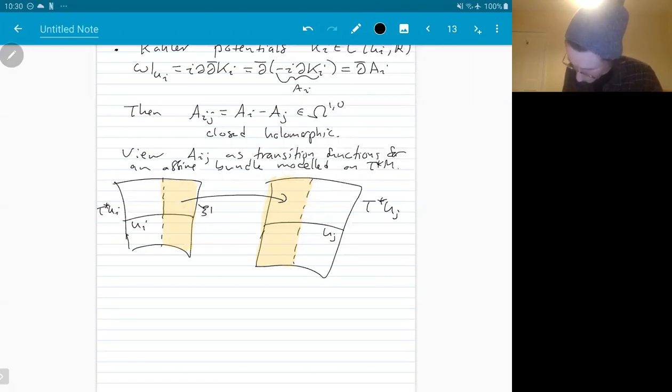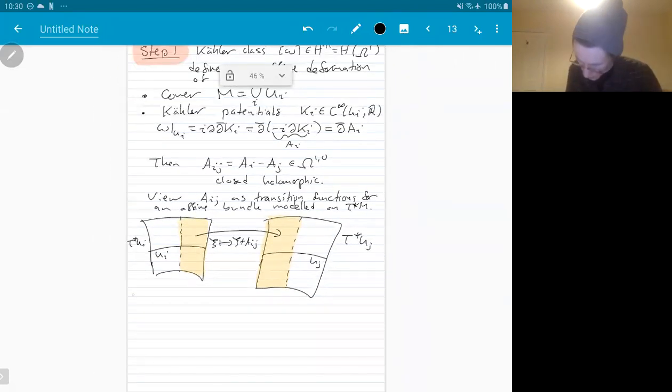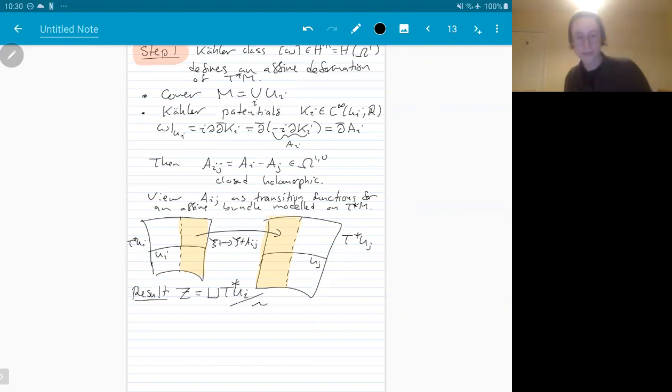So we take a 1-form and we send it to the 1-form plus a_ij. So when we do that, the result is that we get a new space Z, which is obtained by gluing all these cotangent bundle pieces together using these. And the result is that this is an affine bundle for the cotangent bundle. So we can add cotangent vectors to elements of Z.